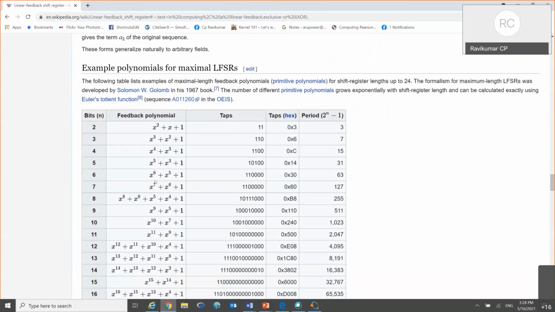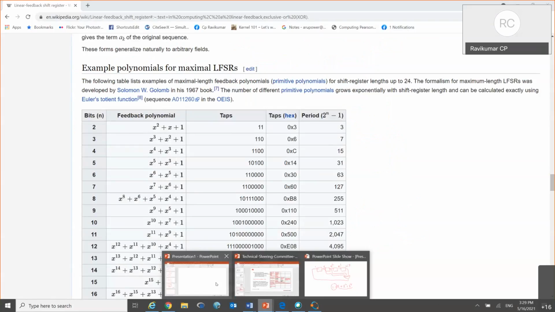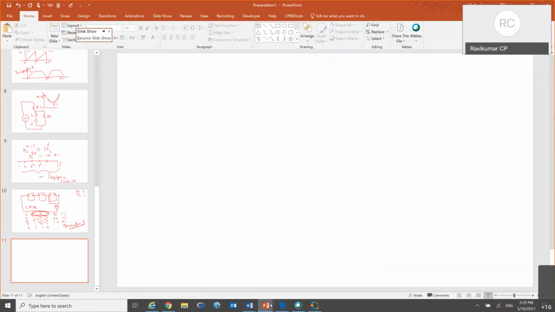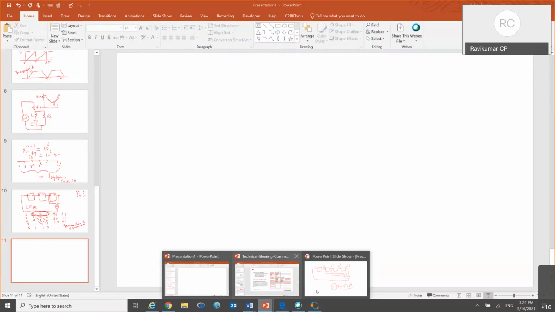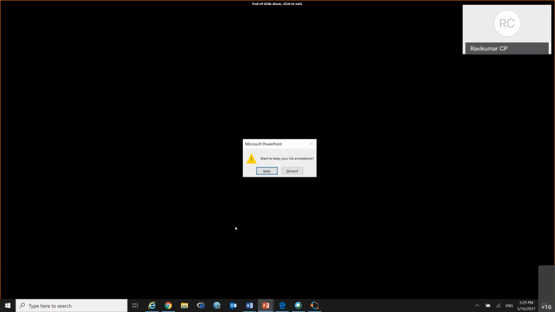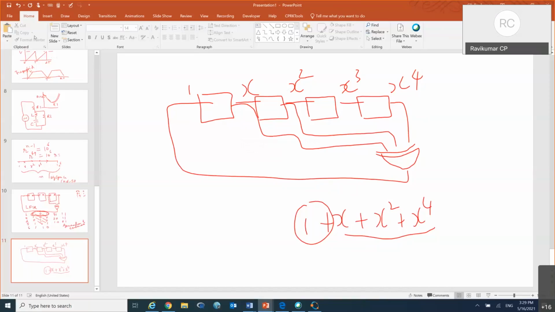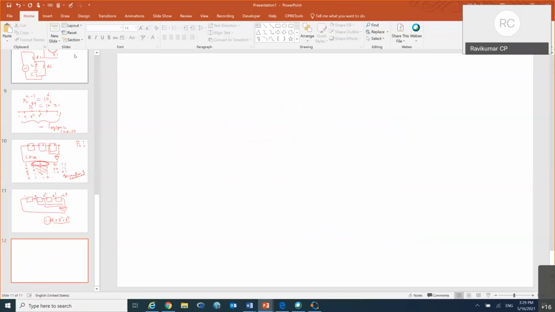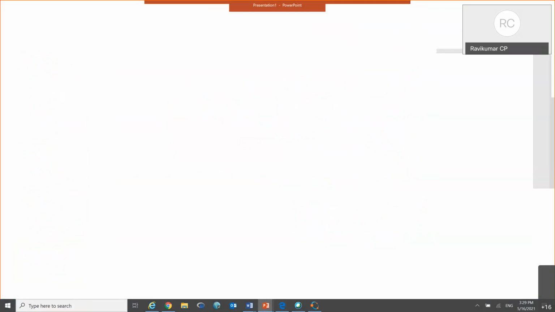Let us take a 6 bit, x power 5, x power 6. So let us try writing the shift register for that one. I want you to try helping me when I'm doing this.